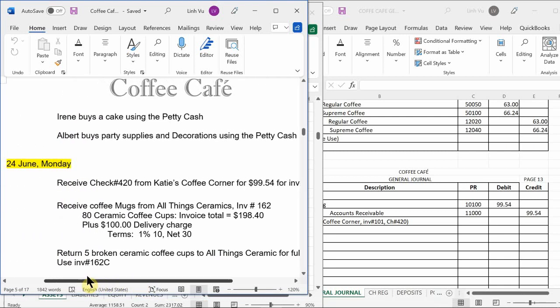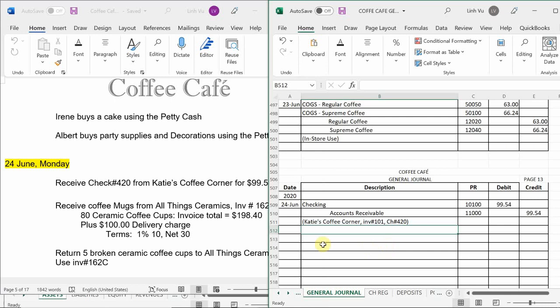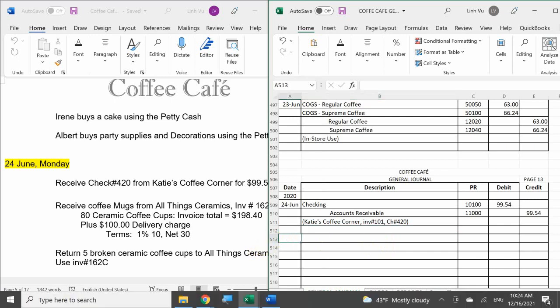Then we also received our purchase order of the coffee mugs. We received coffee mugs.